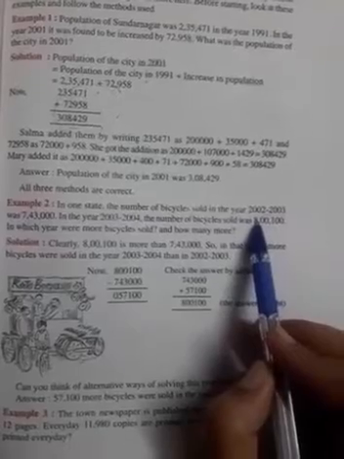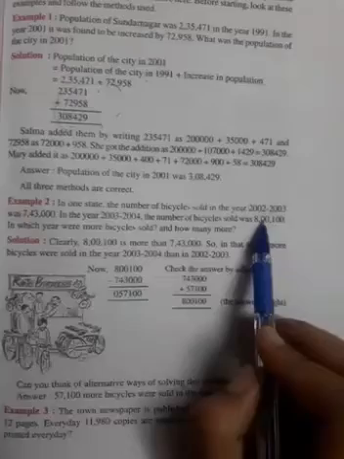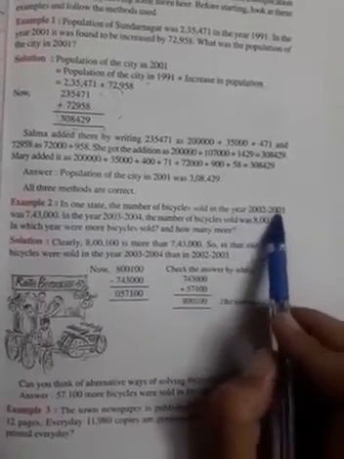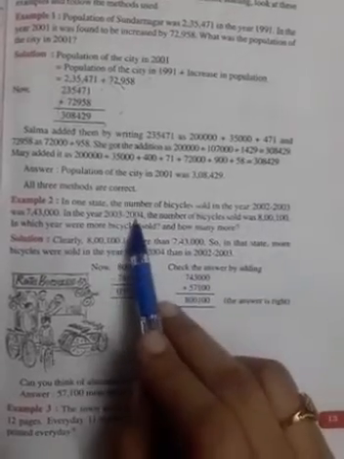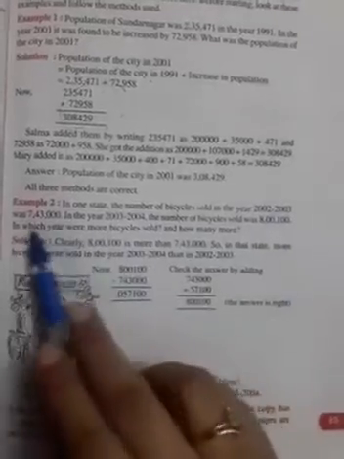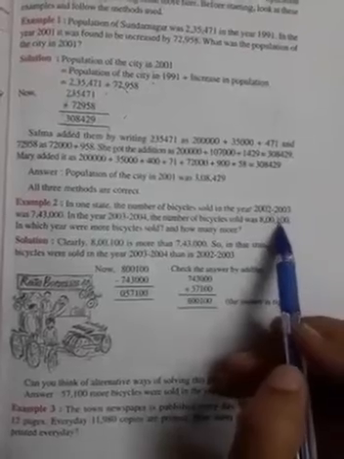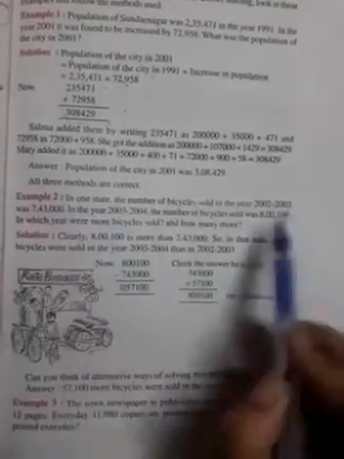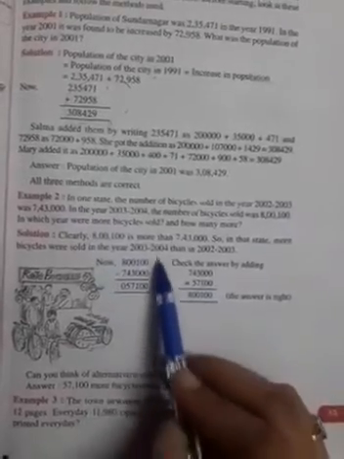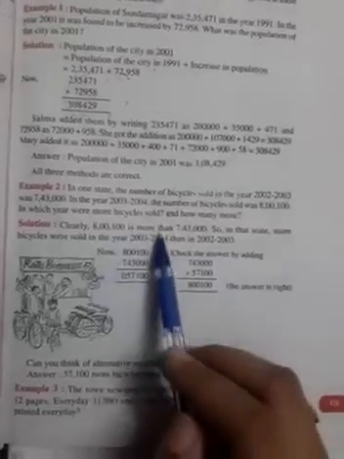Both are 6-digit numbers, so you look at the first digits of both numbers. It is 7 and it is 8. Obviously 8 is greater, so this number is greater. So in 2003-4, more bicycles were sold than in 2002-3. And by how much? You subtract this number from this, like this. You all know how to subtract. This is how large numbers come into practice in our daily life.